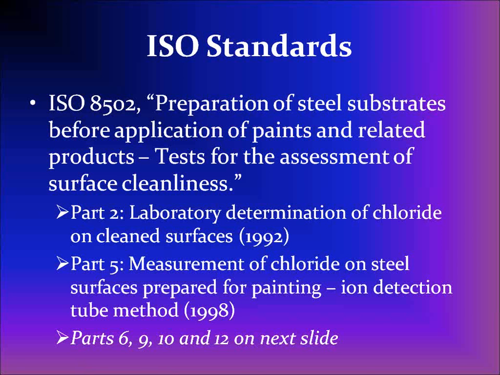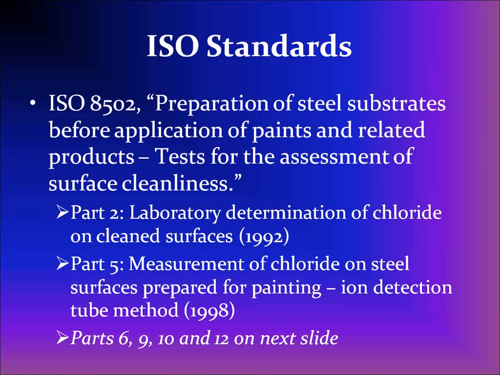Part 2 describes a laboratory procedure for determining chloride concentrations on clean surfaces. In summary, this method involves washing a defined area with a known volume of water, then performing a manual titration. It's not practical for shop or field use, so we'll not be describing it in this webinar.